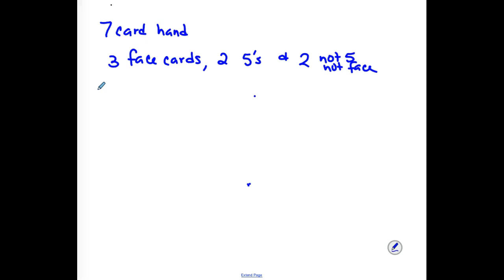How many face cards did we say we had in a deck? 12. Okay, so we have 12 face cards available, and we want 3. Then to get my 5s, how many are available? 4, and I want 2. Okay, then I need 2 more cards that are something else, right? Yes. Okay, so I want 2 more.